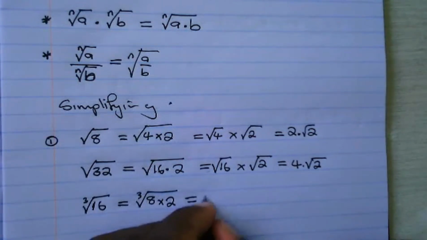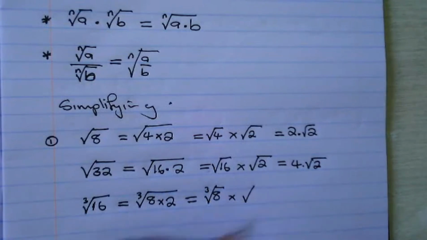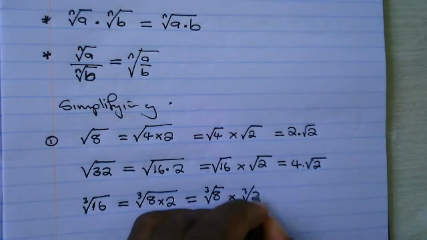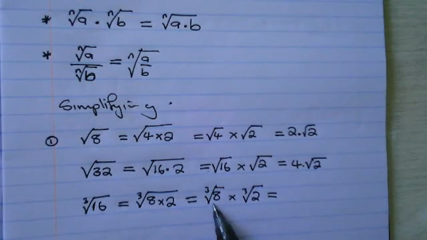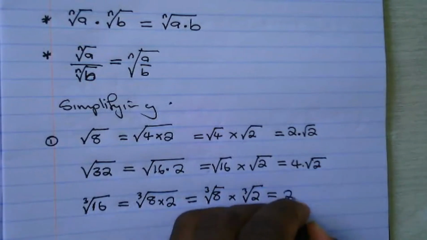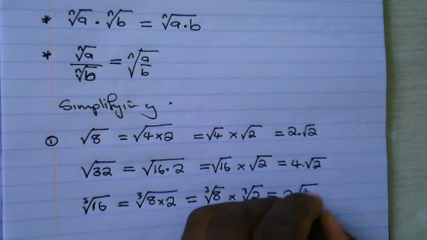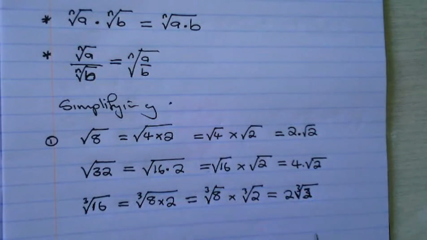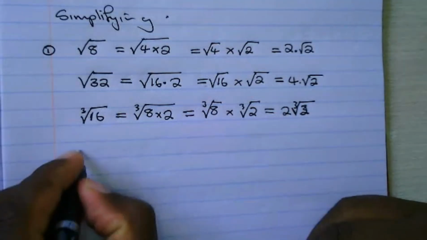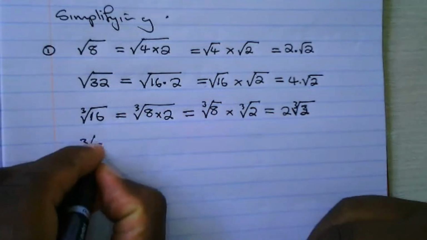And this will be equal to cube root of 8 times cube root of 2. And cube root of 8 is 2, so this is 2 cube root of 2.